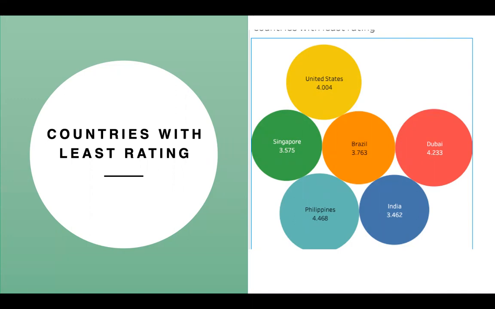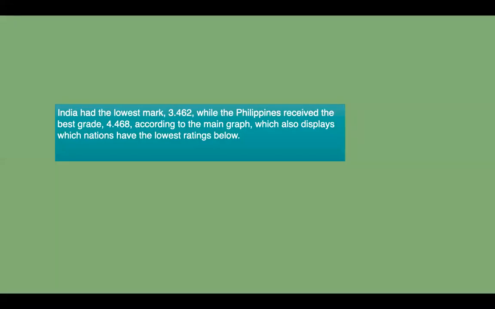Among these, India has the lowest rating with 3.462, and the Philippines has the highest rating with 4.468. According to the main graph, which also displays which nations have the lowest ratings, shown below.